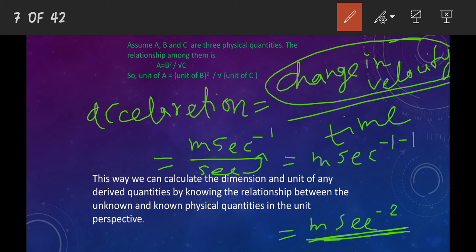So all this is on the sense of units, whether known or unknown quantity, not on the physics of the quantities.